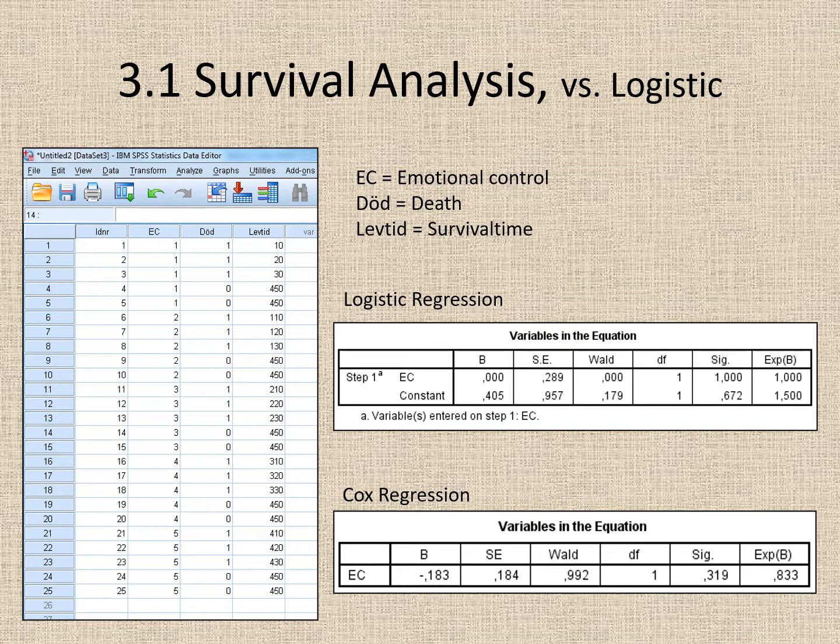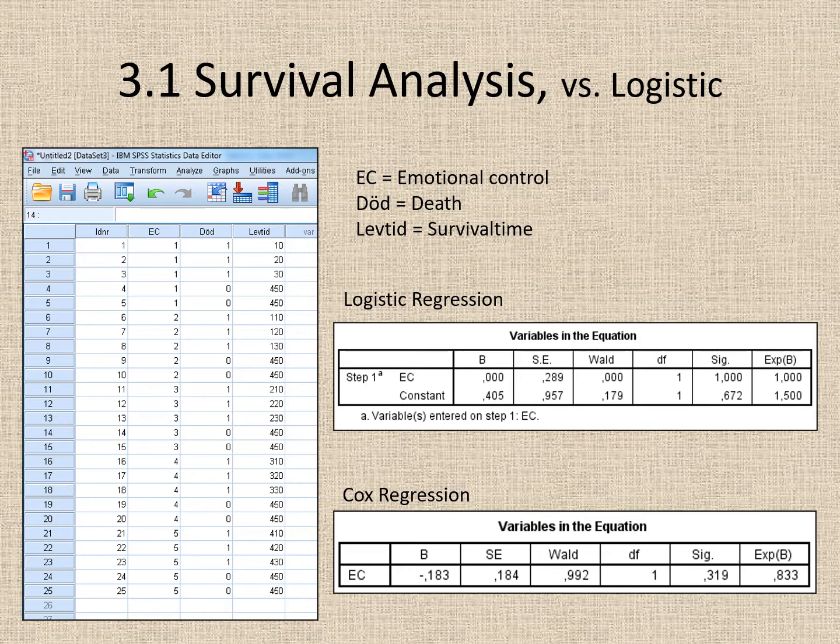So if we conduct a logistic regression, we predict death or not from emotional control. And we compare it with Cox regression, which is probably the most common survival analysis, where we also take into consideration how many days it took for those who died to die. Then we get these results. Logistic regression, emotional control has no effect whatsoever.